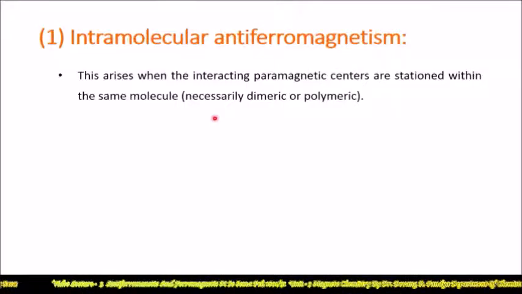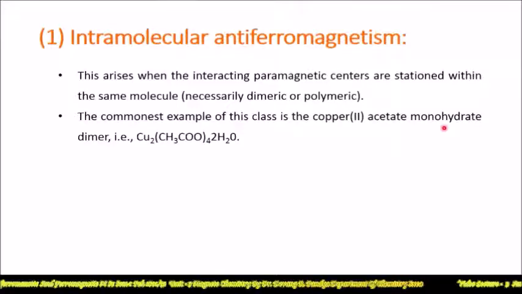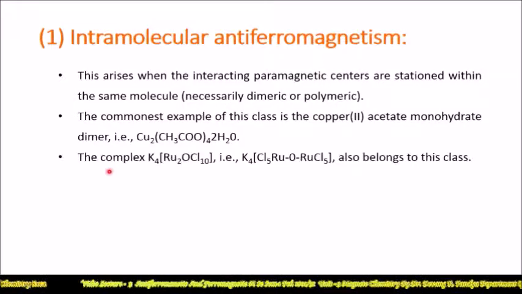The commonest example of this class is the copper(II) acetate monohydrate dimer, that is Cu2(CH3COO)4.2H2O, that is, two molecules of copper(II) acetate monohydrate behave as if it is an intramolecular antiferromagnetic substance.